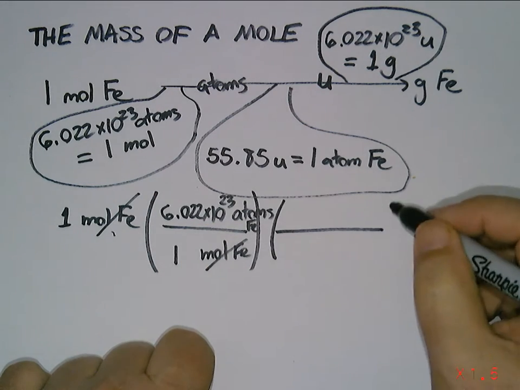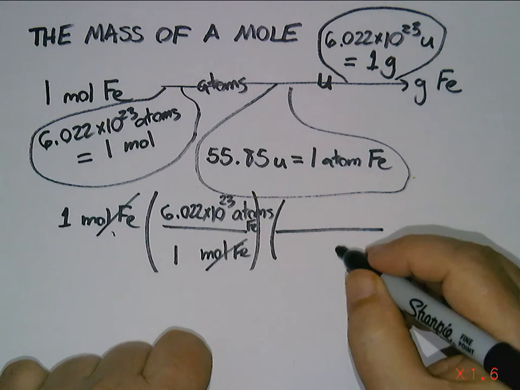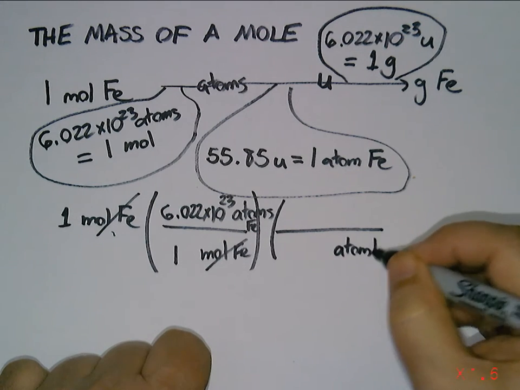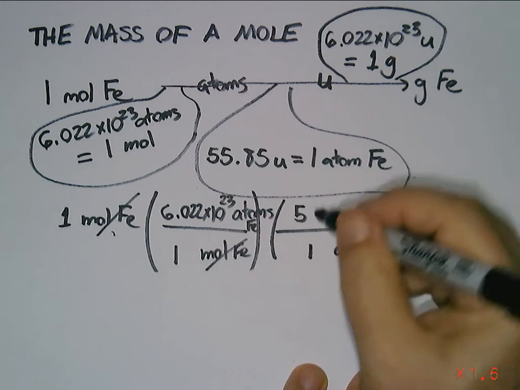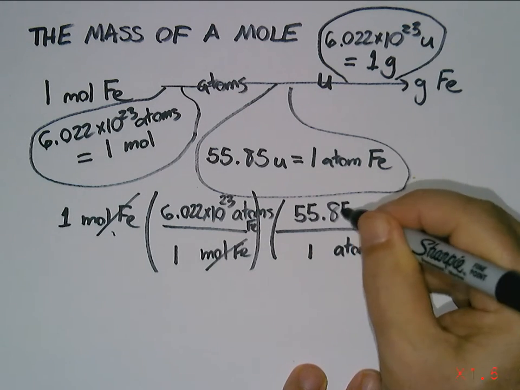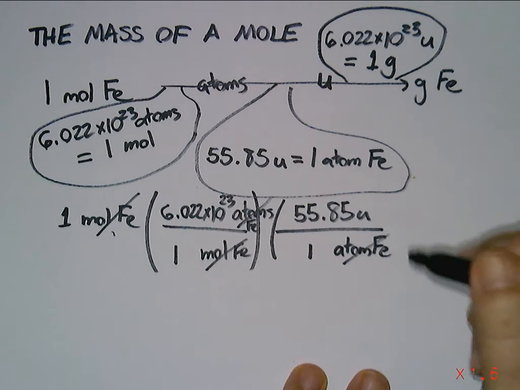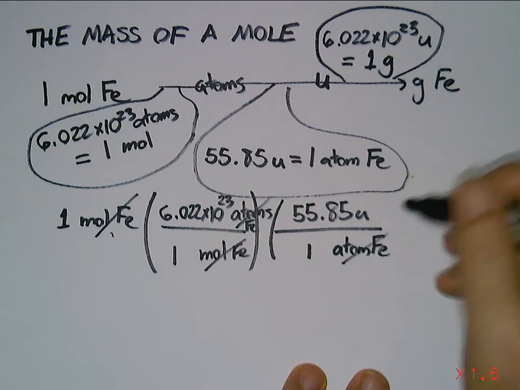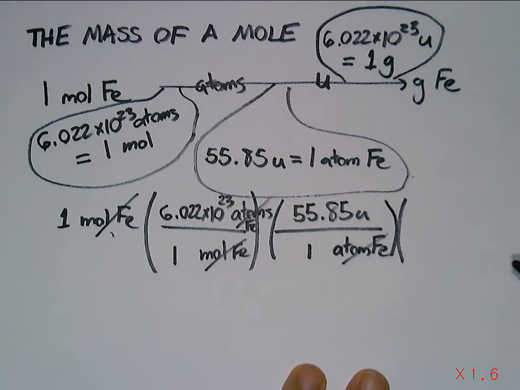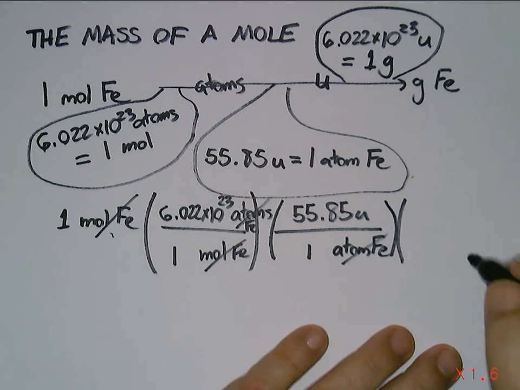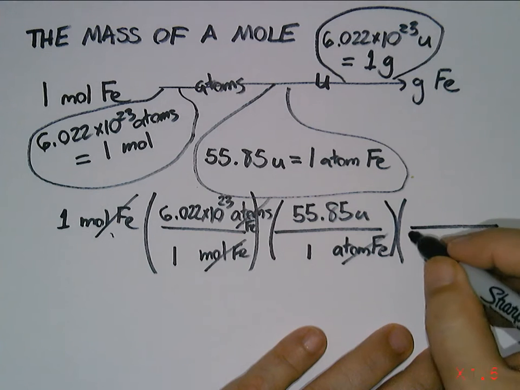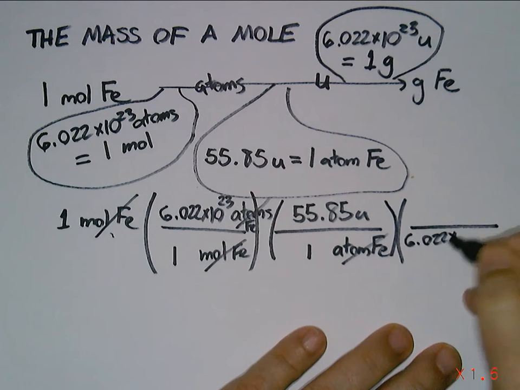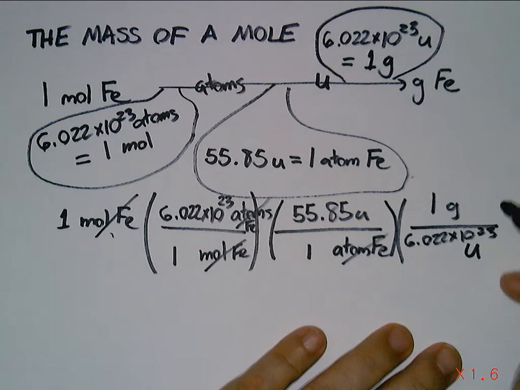I want to get rid of those, so they're going to go on the bottom of this next one. Here's my link here. The atoms had to go on the bottom to cancel this out, and now I have U of iron on top. And now I've got atomic mass units that I want to get rid of, so that's going to have to go down here. And there are 6.022 times 10 to the 23rd atomic mass units in 1 gram of iron, or anything else.